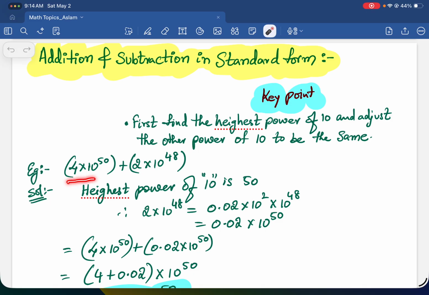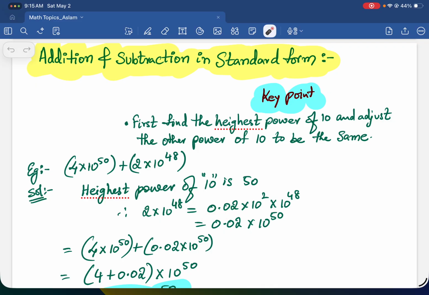For example, if we take 4 into 10 to the power of 50 plus 2 into 10 to the power of 48. Now here you can see the exponents are not the same. It is 50 here and 48 here, and the a values are 4 and 2. So the highest power of 10 is 50, so we can adjust to 50. I will adjust this 48 into 50. So 2 into 10 to the power of 48 can be written as 0.02 into 10 to the power of 50.